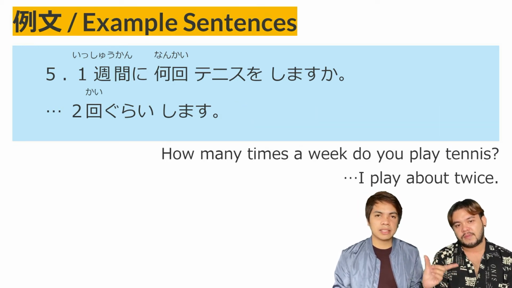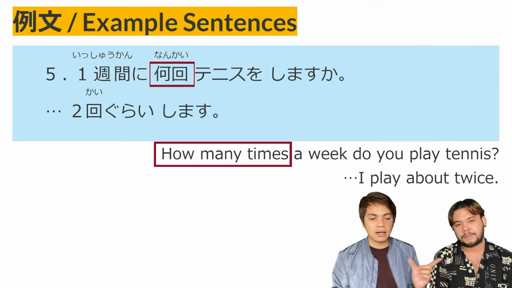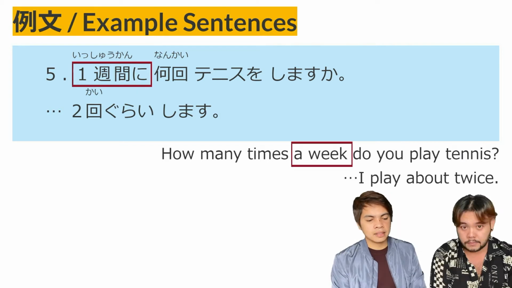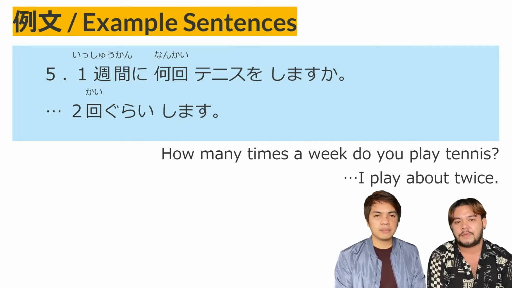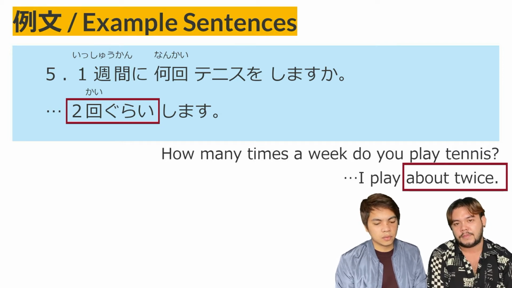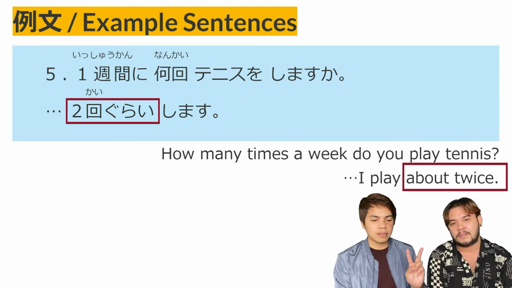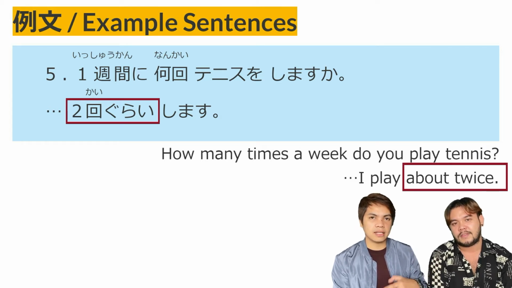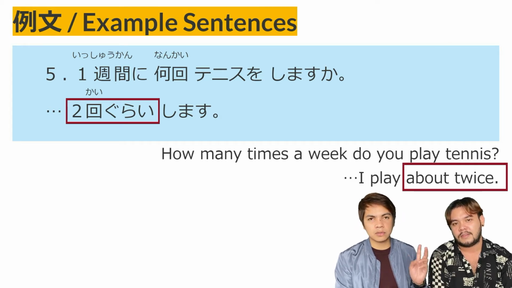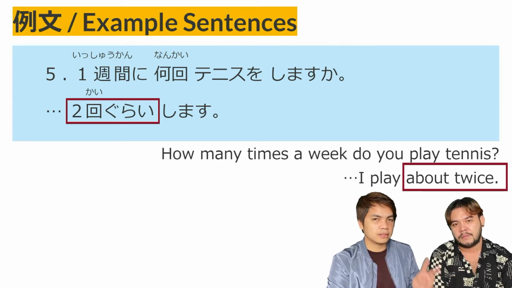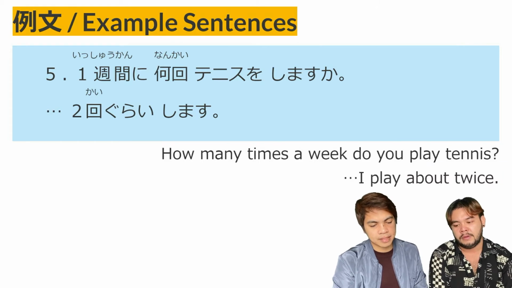Nankai tennis o shimasu, how many times do you play tennis? 1週間に, in a week. He said 2回ぐらいします. 2回 means 2 times or twice. Gurai is an approximation. So, I do it about twice.